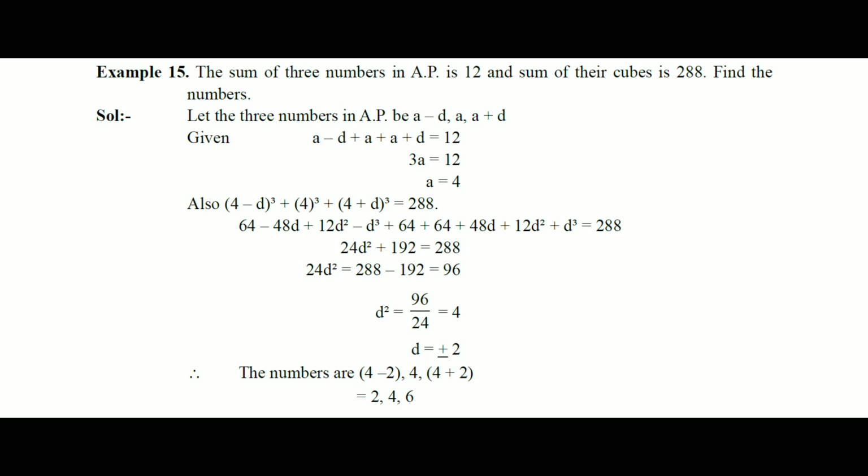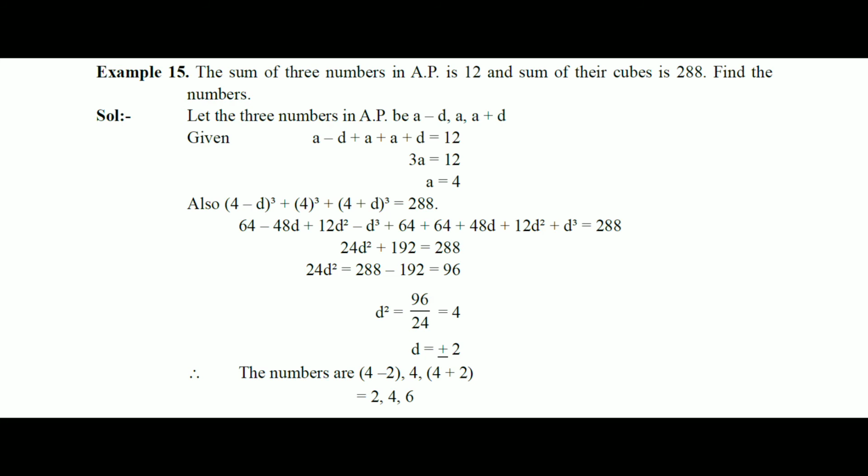Also from the other given condition, the sum of cubes means a minus d cube plus a cube plus a plus d cube, and here a is 4. So we write 4 minus d whole cube plus 4 cube plus 4 plus d whole cube is equal to 288.